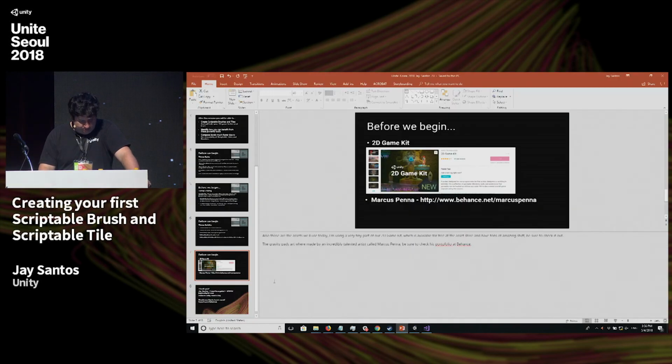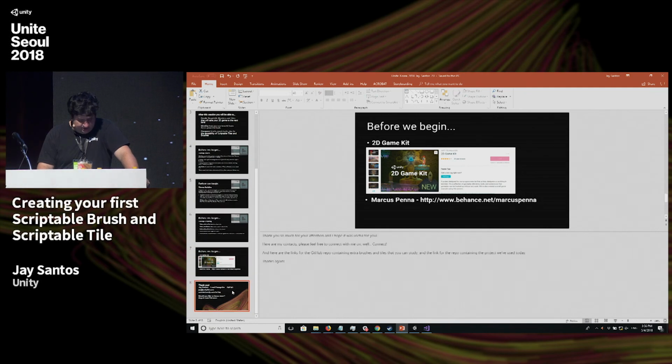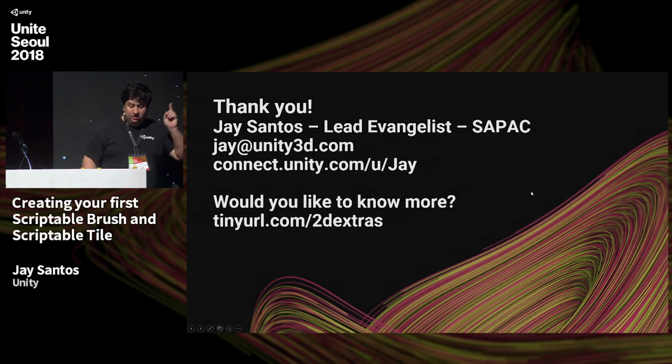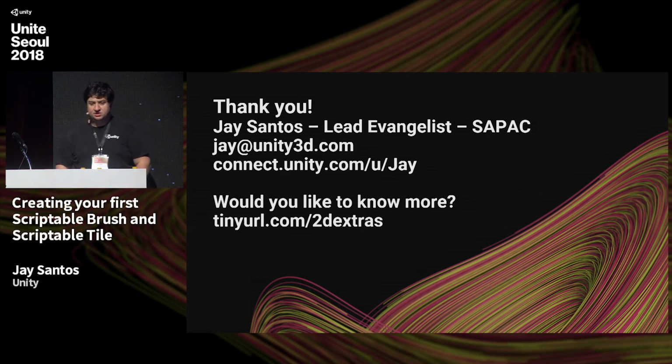So that is it. Let me get back here real quick to my closing slide. So on this URL, tinyurl.com/2dextras, you will find the Robodash project repository where you can download all the other tiles that were created by the 2D team.